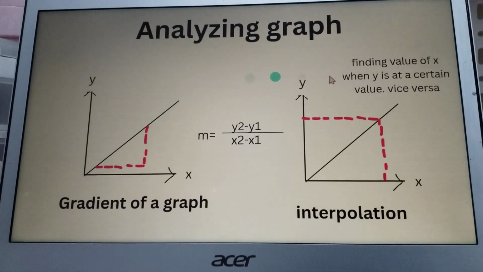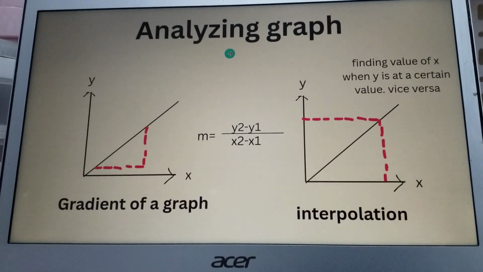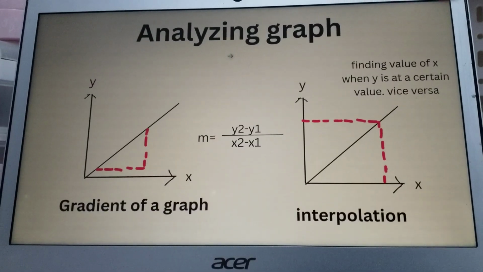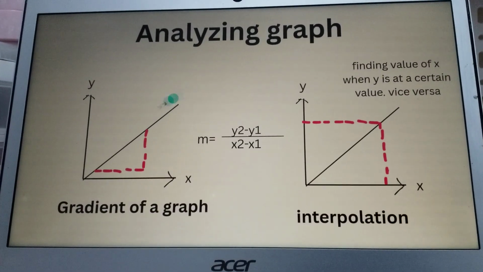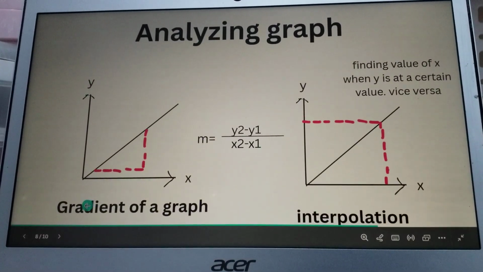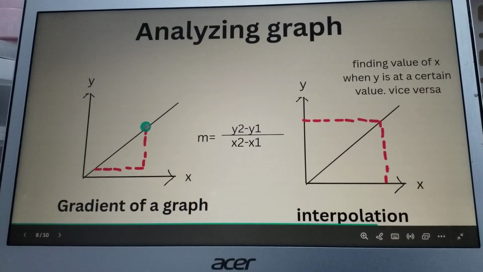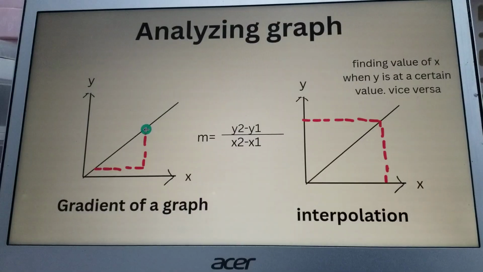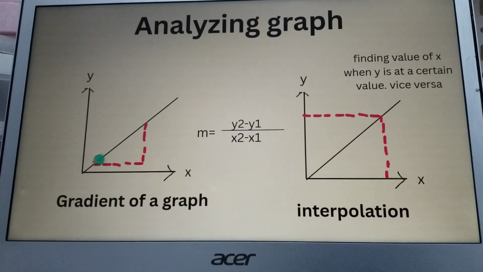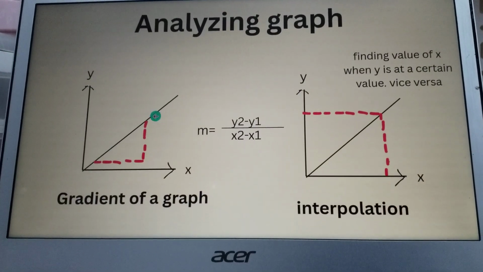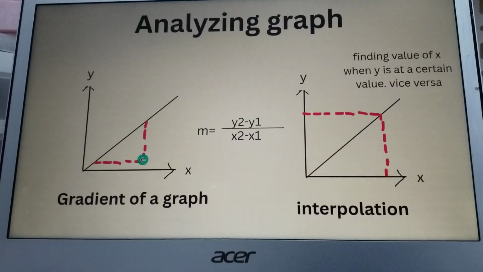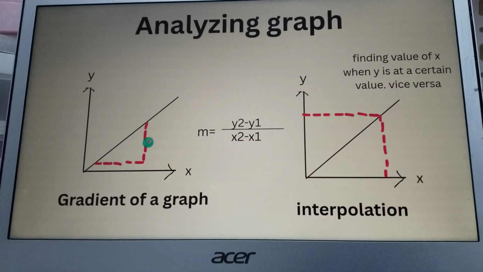Next, how to analyze a graph. To analyze a graph, we use this in paper 3, experiment paper. Alright, so the first one, gradient of the graph. How do we find the gradient of a graph? So, we take one point, and then we take another point. So we connect them with dotted lines, and then it will be a triangle.